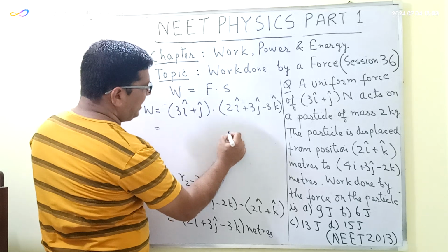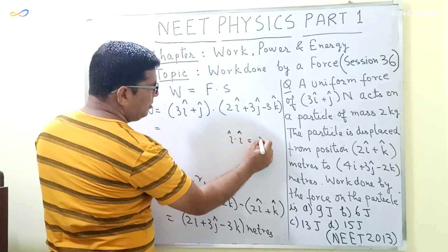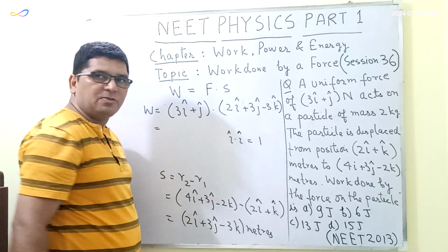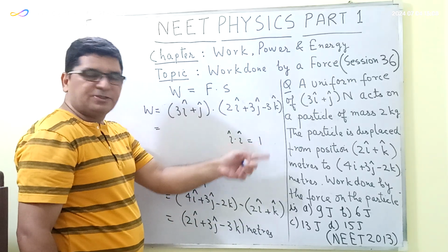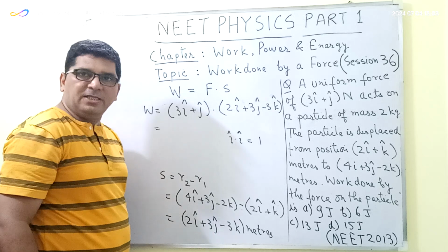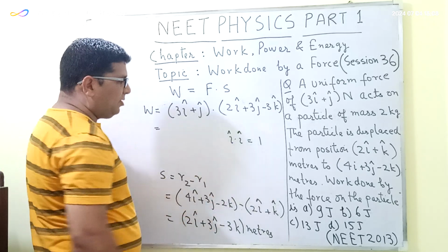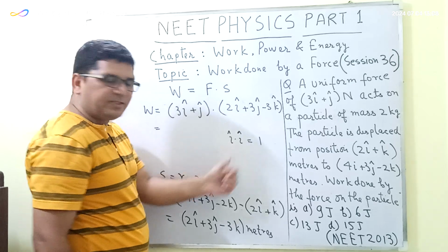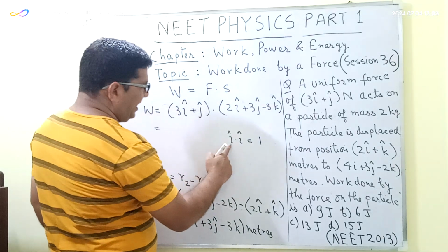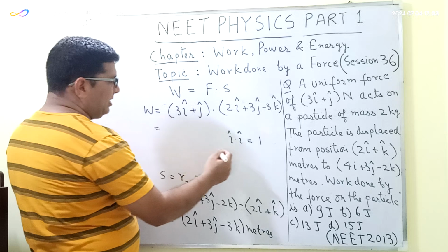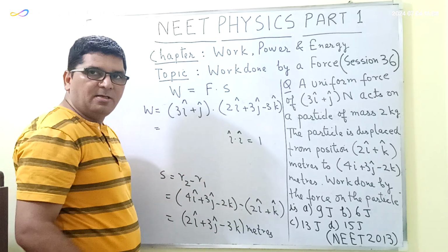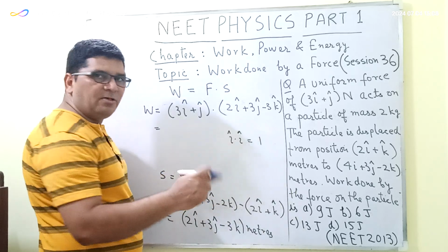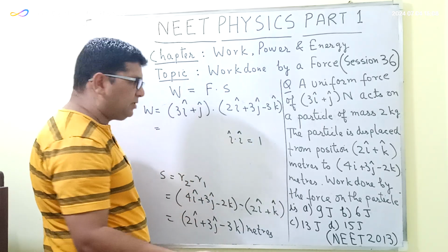We all know that i cap dot i cap is equal to 1, because i cap dot i cap is equal to mod i times mod i times cos theta. The angle between i and i is 0, and the magnitude of i is 1, because it is a unit vector along the x-axis. So i dot i will be equal to 1. Similarly, j dot j will be equal to 1, and k dot k will also be equal to 1. However, i dot k, i dot j or j dot k will be equal to 0.